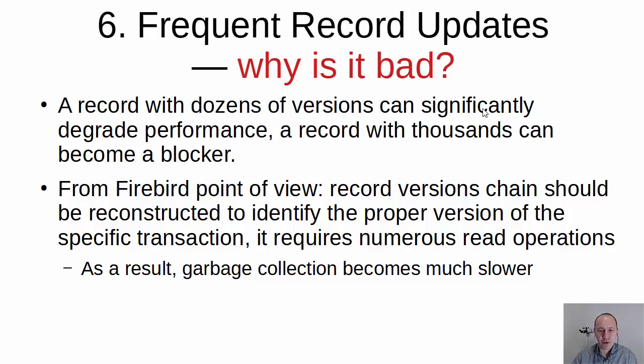When Firebird needs to reconstruct and find out which specific version is required for the specific transaction, it requires a lot of reads and a lot of internal operations to find out and perform all necessary activity. And this can be a really long process, which can significantly slow down operations with this table.